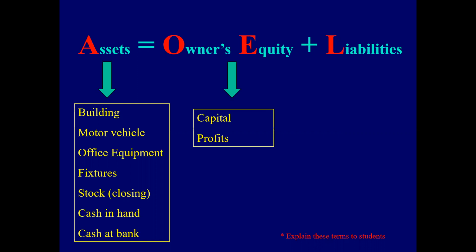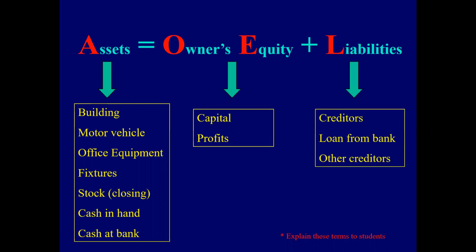Owner's equity means capital and profit. These two belong to the owner. Liability means creditors, loan from bank, other creditors. Creditors mean those to whom you have to pay money.